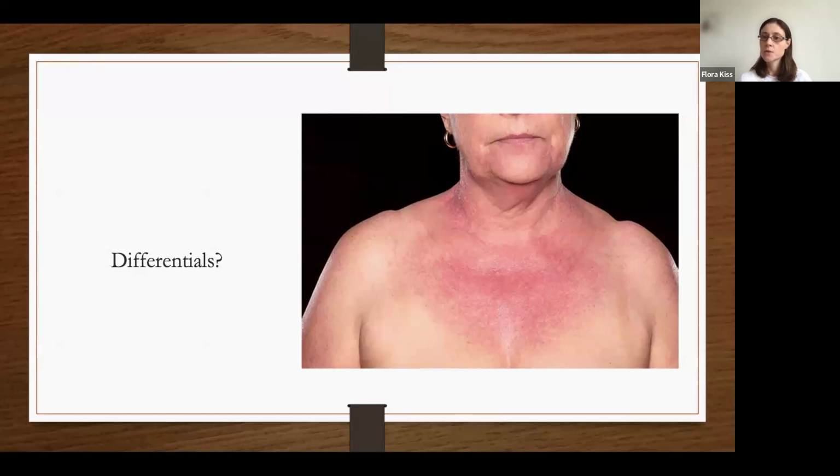And sun-exposed areas are typically affected with dermatomyositis, for example, the upper chest, as we can see here, but also another typical cutaneous manifestation is the heliotrope rash, where the rash is located on the eyelids, and it's erythematous, violaceous, and can be a bit edematous as well.